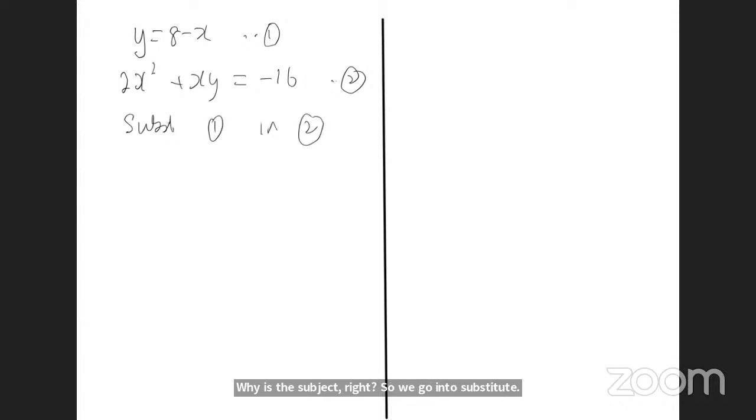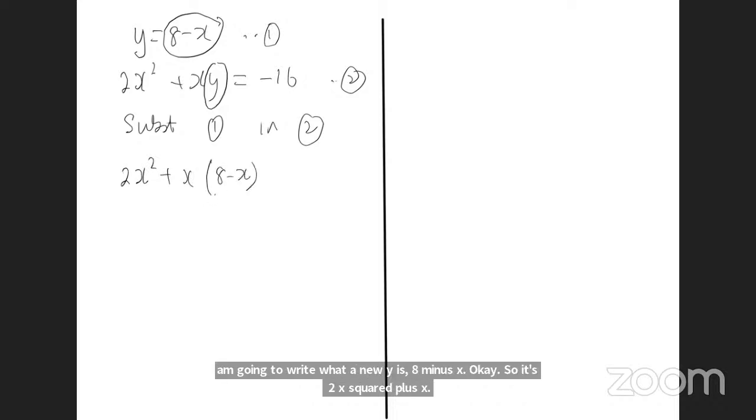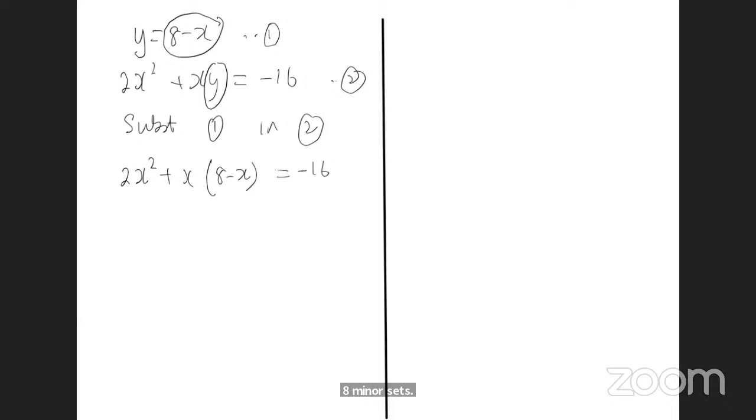Remember, we're using substitution method. So therefore, you have to make a substitution, right? So I am going to take off this y here, and I am going to write what the new y is, 8 minus x. Okay? So it's 2x squared plus x, 8 minus x, is equal to minus 16.